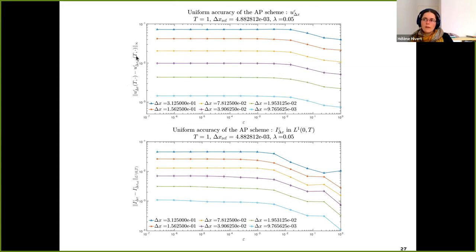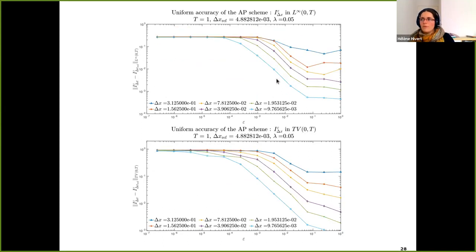You compare it to, let's say, an exact solution for the same epsilon, and you obtain an error for given dx depending on epsilon, and you do it for many dx. Okay, and you observe stratified curves, meaning that the supremum in epsilon of this error is only a function of dx, and it goes to 0 when dx goes to 0. And the same property holds for J in L1 norm.